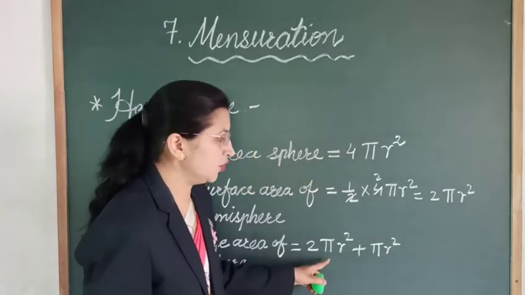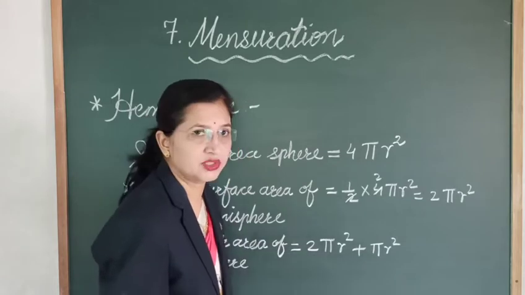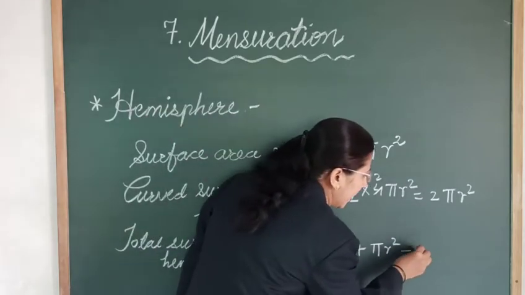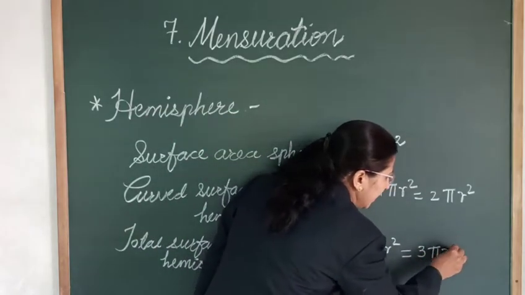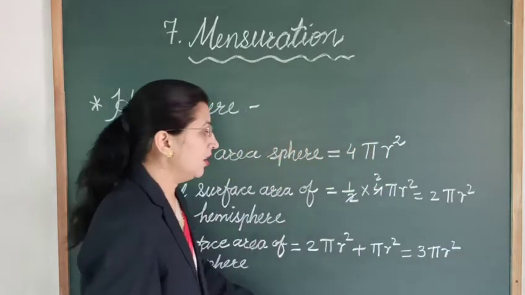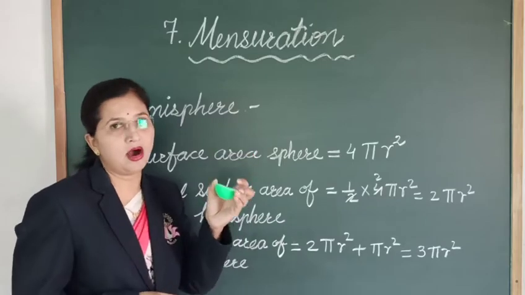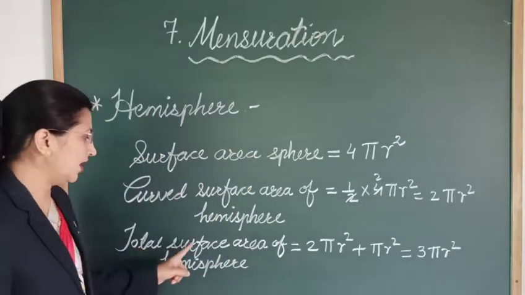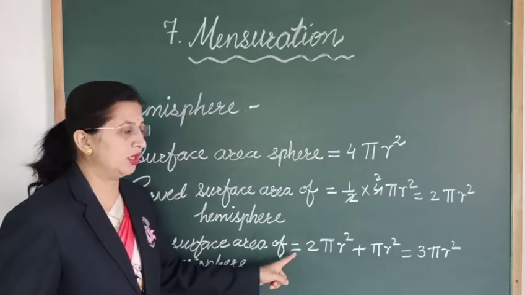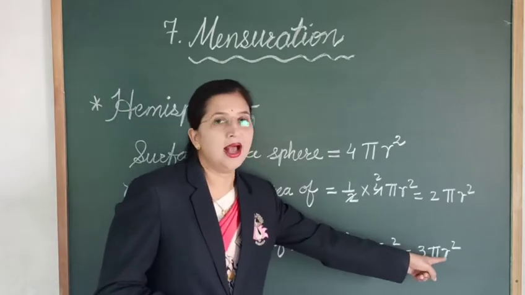So 2 pi r square plus pi r square gives 3 pi r square. This is the formula for the total surface area of the hemisphere: 3 pi r square.